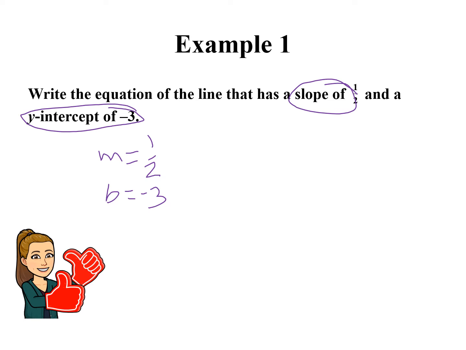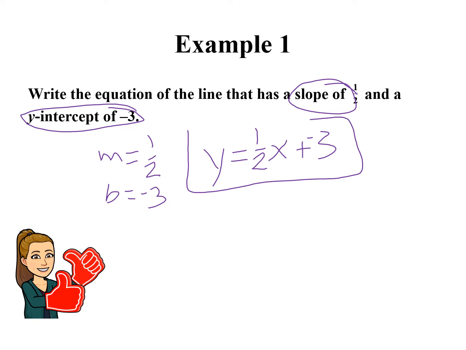In this case, I was given both pieces of information that I need, so I can jump to writing my equation. y equals mx plus b. I can write my equation as y equals 1/2 x minus 3, or y equals 1/2 x plus -3. Both options are correct here. They are mathematically equivalent.